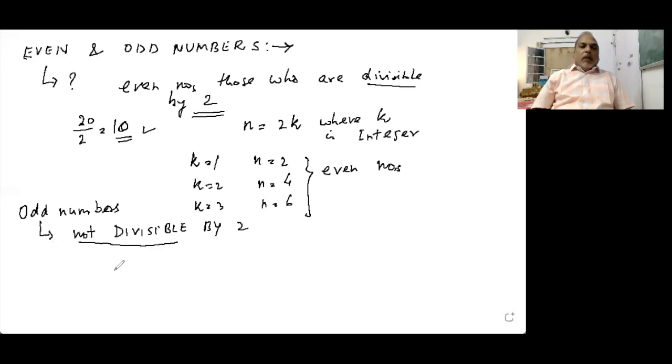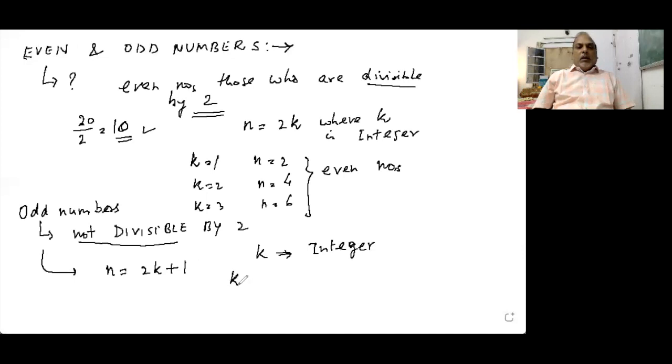Odd numbers can be expressed in the form of n = 2k + 1, where k is again any integer.